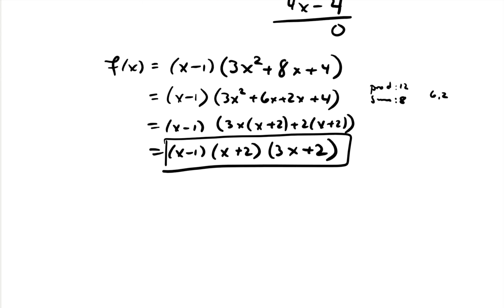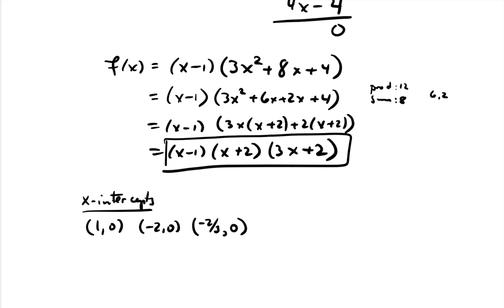It also gives me access to information about the graph of f. So I know what the x-intercepts are. Even though that's not part of the initial question, let's keep going like this. I can have access to the x-intercepts easily. The x-intercepts are 1, 0, minus 2, 0, and 3x plus 2 is 0 at minus 2/3. So I've got 3 x-intercepts.